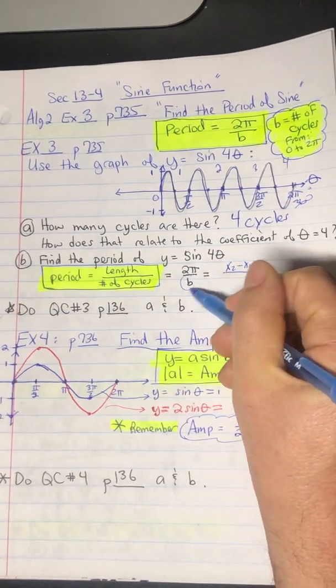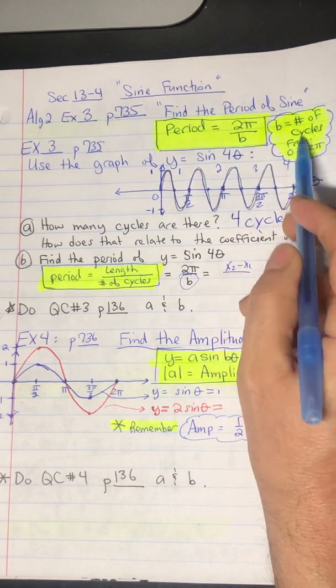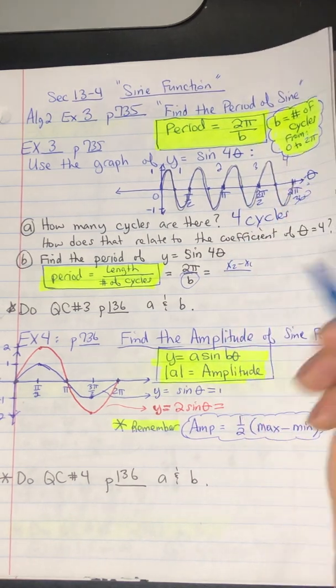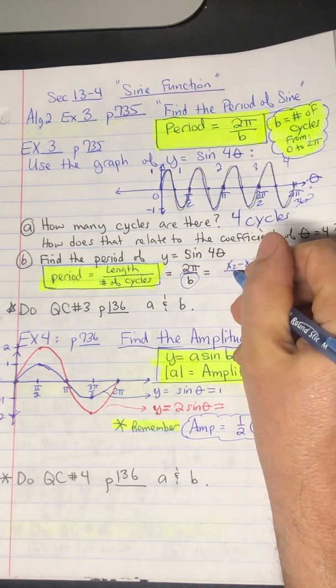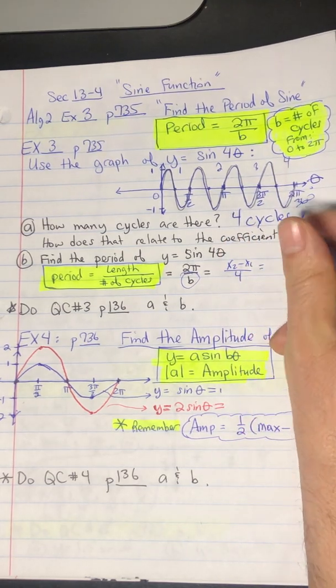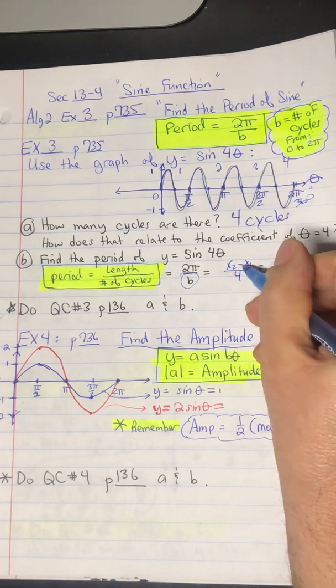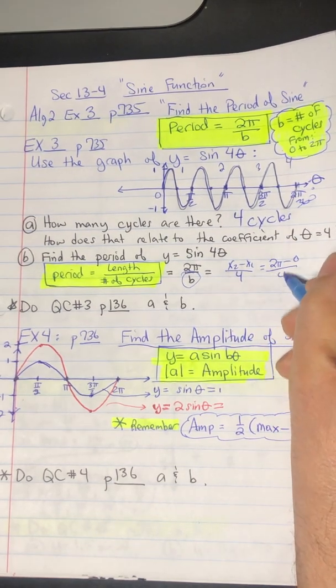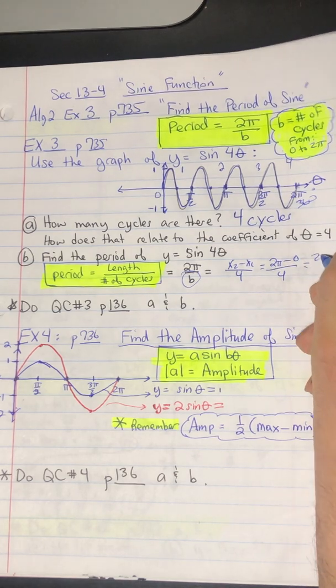I guess the number of cycles is going to be b. b is going to be the number of cycles from 0 to 2 pi. That's what b stands for. And we said it was 4, right? And then x2 minus x1 is 2 pi minus 0 over 4, which is the same as just 2 pi over 4.